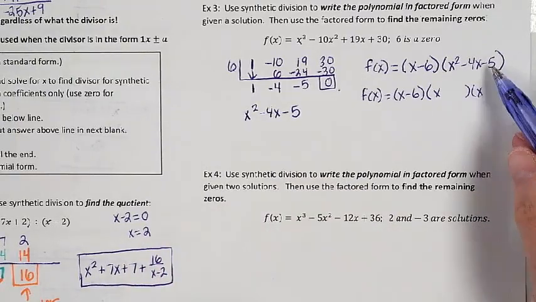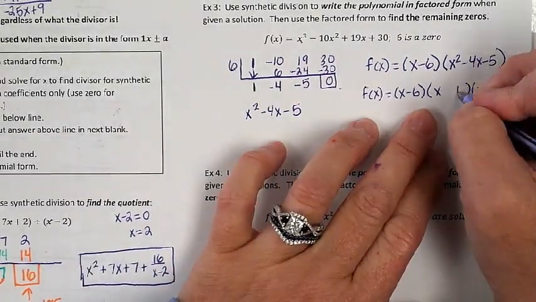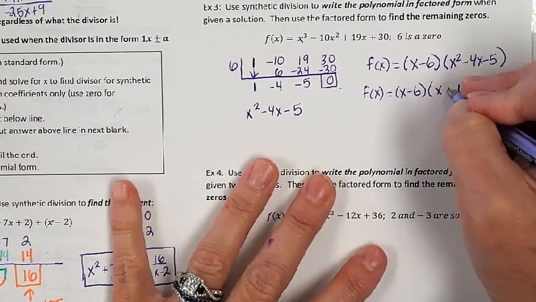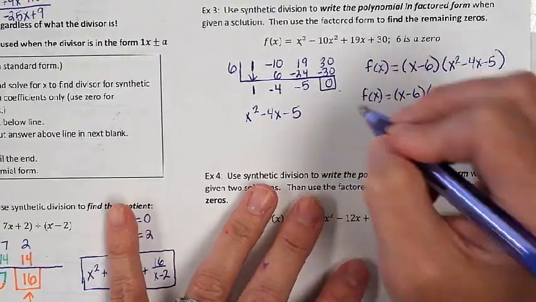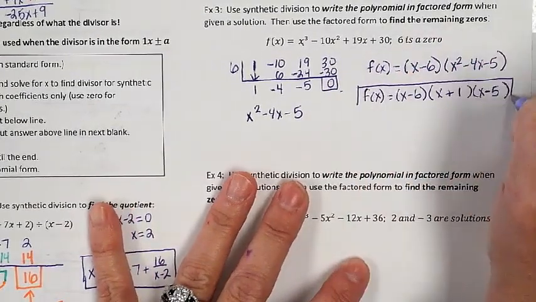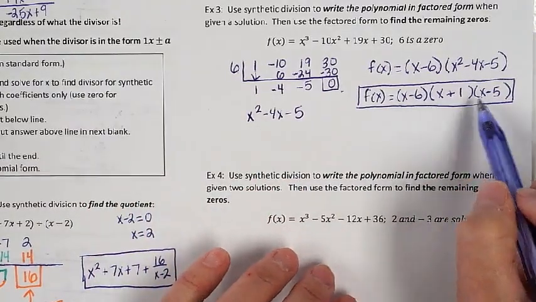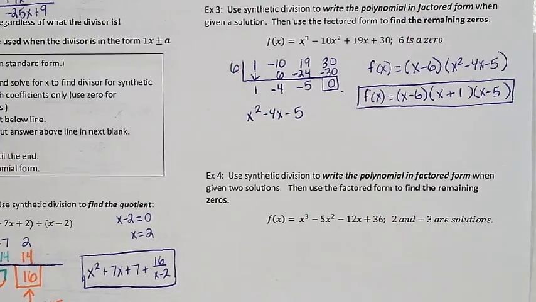So it has to be x plus 1, x minus 5. It is okay if your factors are in a different order as long as you have your factors. So that's my polynomial in factored form.